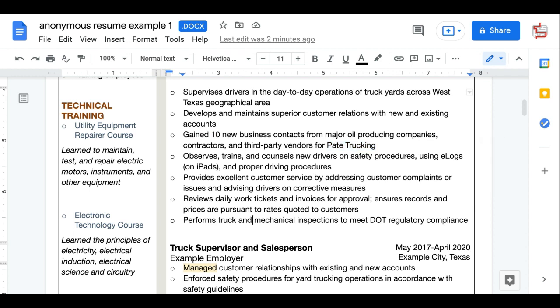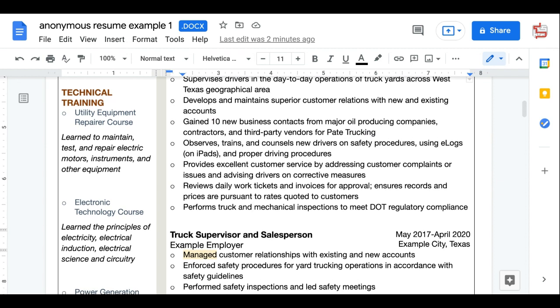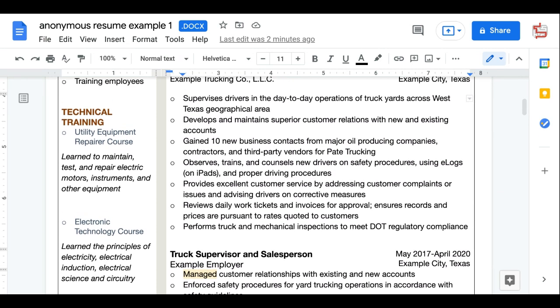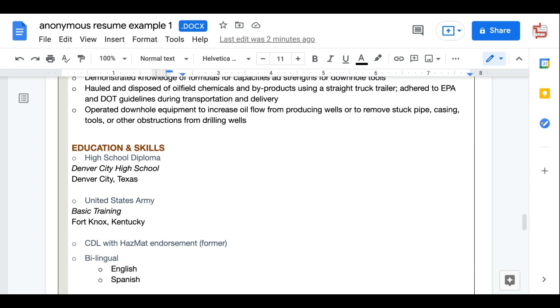Okay, so I hope that helps to show you how to put together the most important part of your resume. Okay, so looking down here at the bottom of this person's resume, we have their education and skills: high school diploma, where they went, the U.S. Army basic training.